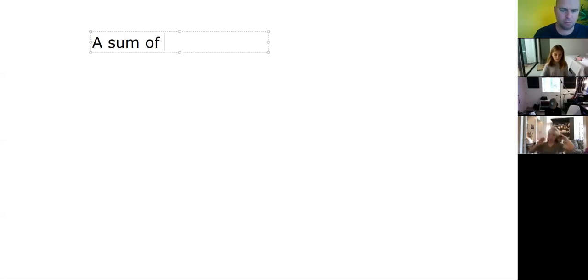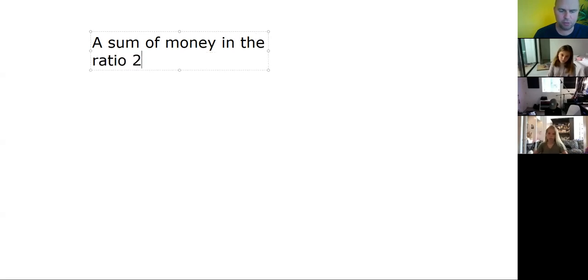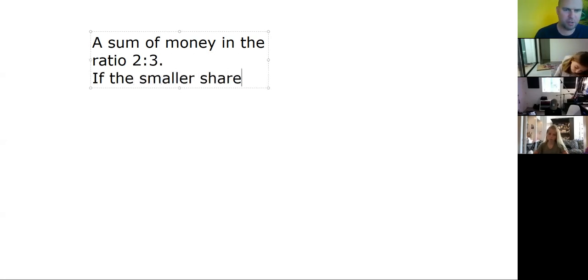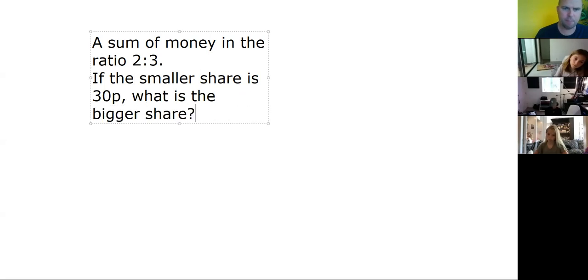The sum of money in the ratio 2 to 3. If the smaller share is 30p, what is the bigger share?